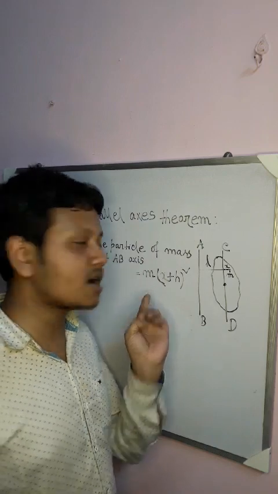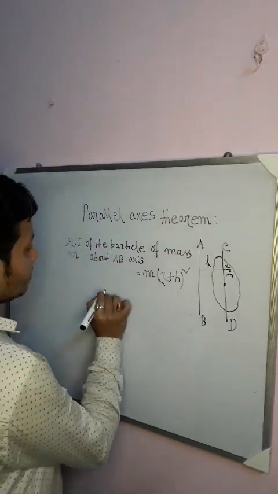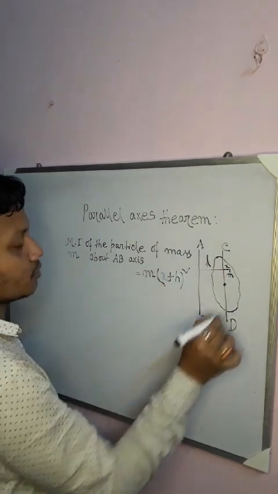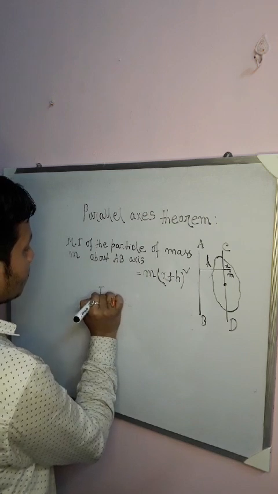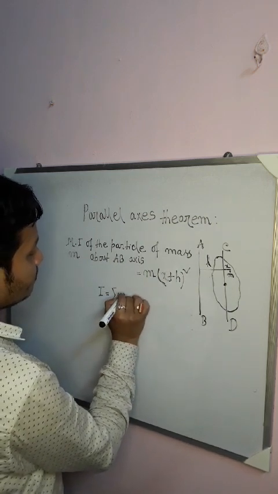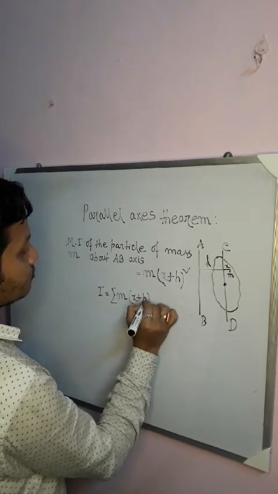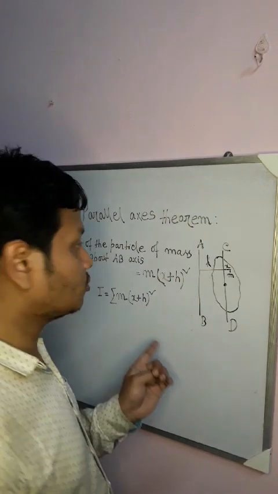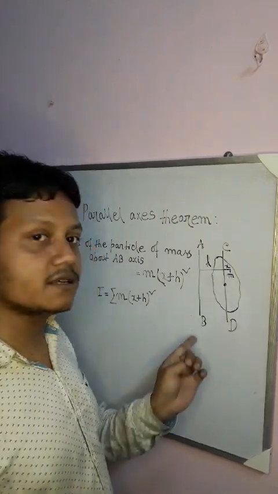Simply you take the sum. If you consider the moment of inertia of the entire body about the axis AB as I, then this is simply the sum of m into x plus h whole square, where I is the moment of inertia of the entire lamina about the axis AB.